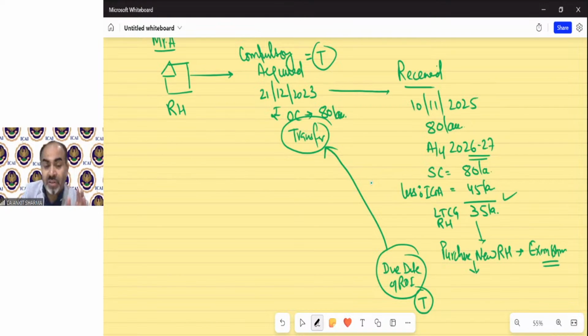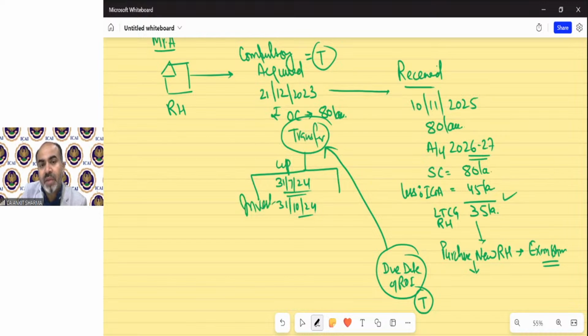As per the technical provision, the limit of 2 years or 3 years or to deposit into the scheme will be calculated from the transfer. So as per the transfer, the due date of ROI will be 31st July 24 or 31st October 24. And up to these dates, either you have to actually purchase a property or you have to invest in the deposit in the capital gain account scheme.